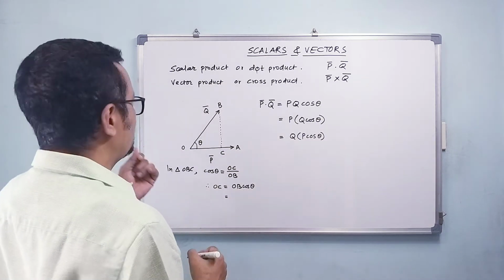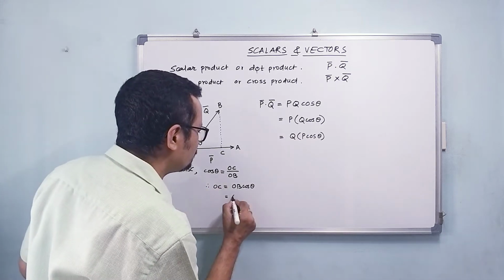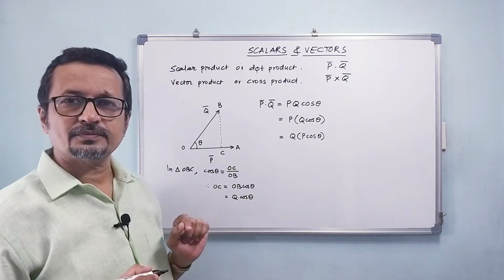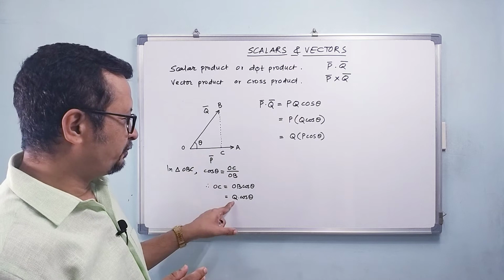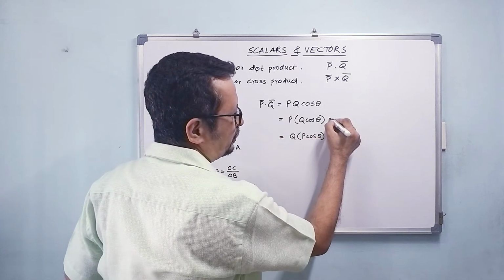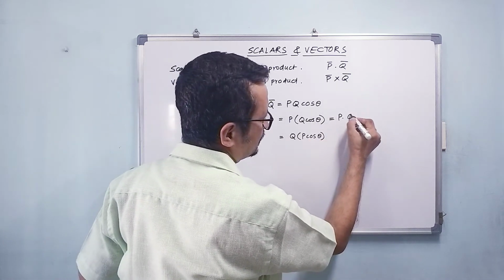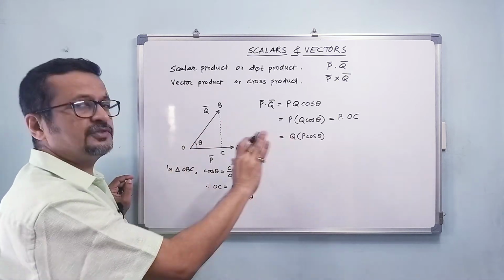And OB is nothing but Q, so it is Q cos theta. If you put this Q cos theta over here, I could write this as P into OC. Let us keep it as it is for the time being.